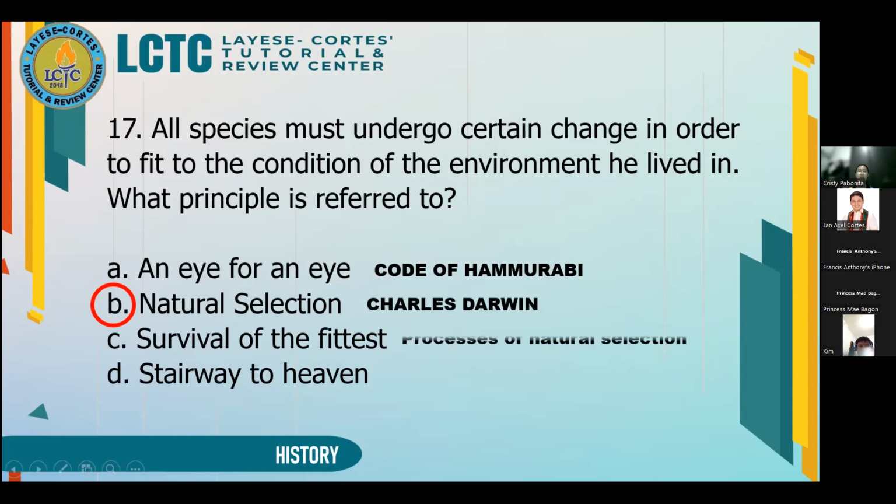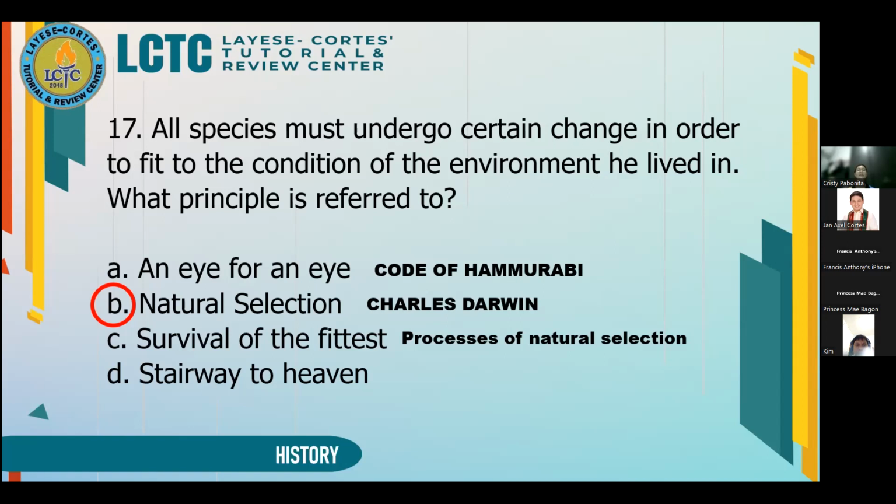Natural selection states that the species have changed to adapt to the environment. That is the gist of natural selection. It's okay, it's good that we now know the right answer, because I myself before thought the title of the theory of Charles Darwin was survival of the fittest, since that is what we commonly hear.